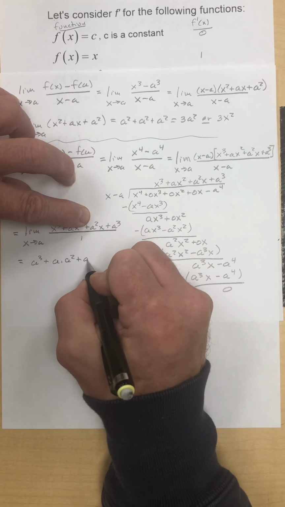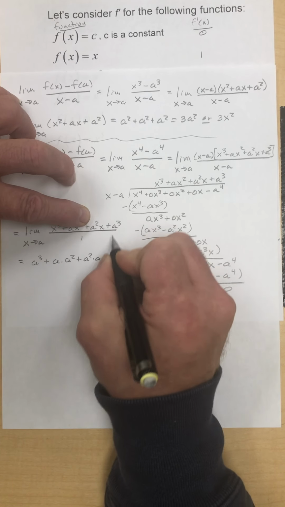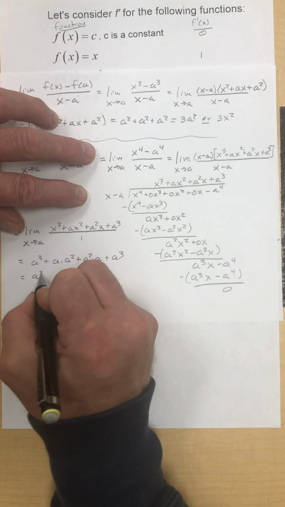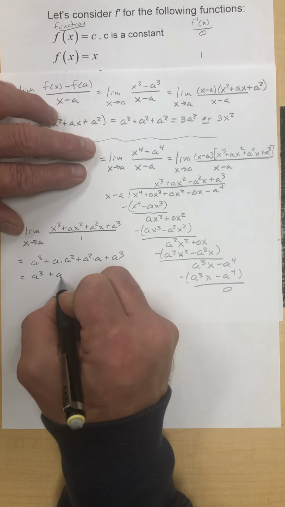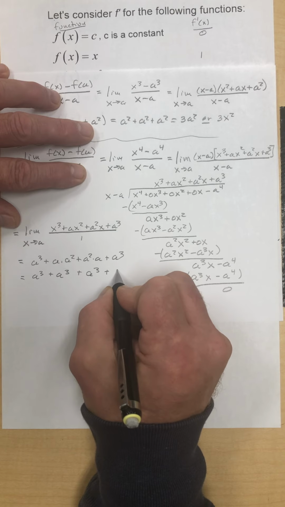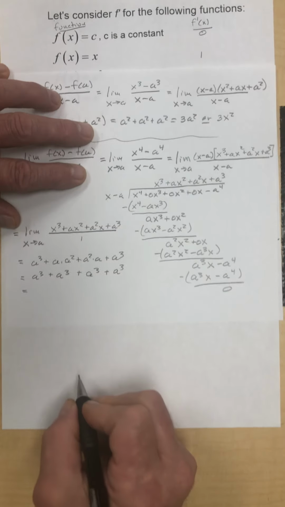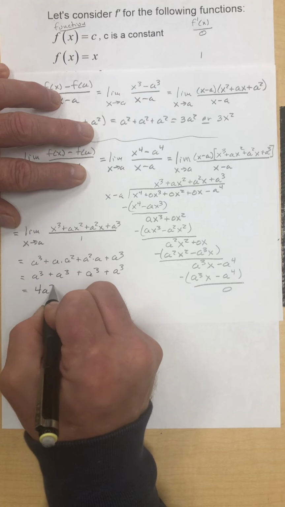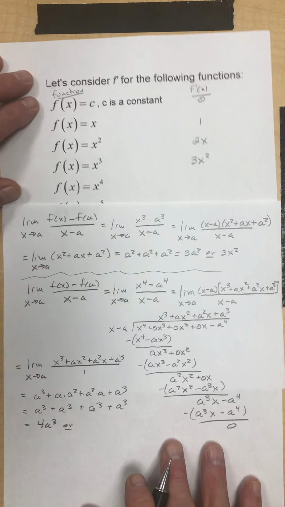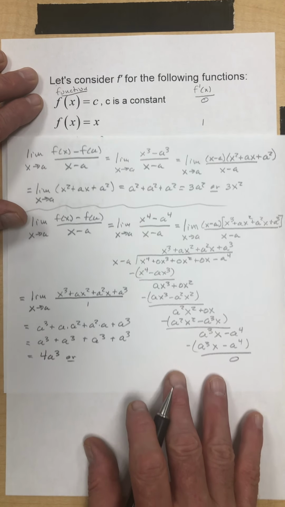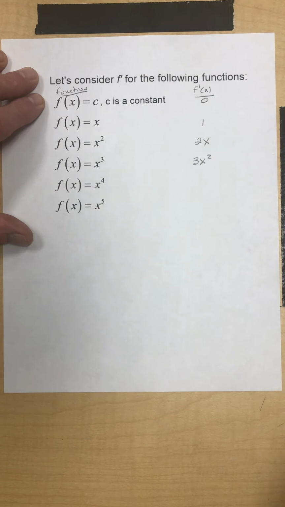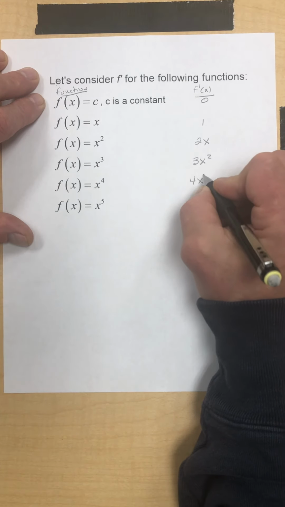This will become a squared times a, and obviously it doesn't affect the a cubed. So you say we have an a cubed here, we have an a cubed there, we have an a cubed there, and we have this a cubed right there. And so when you add them, notice you're going to get 4a cubed. And since we are doing derivatives in terms of x, I would write that as 4x cubed. Okay, so this guy is 4x cubed.